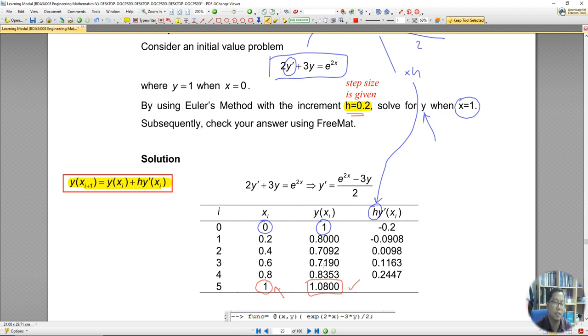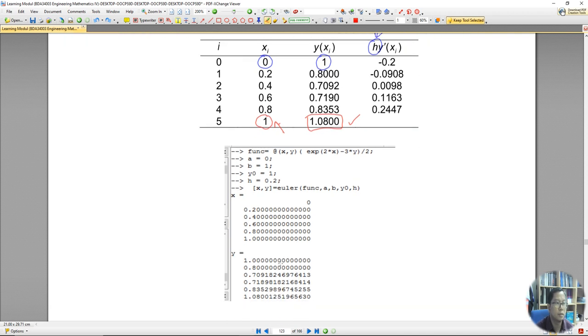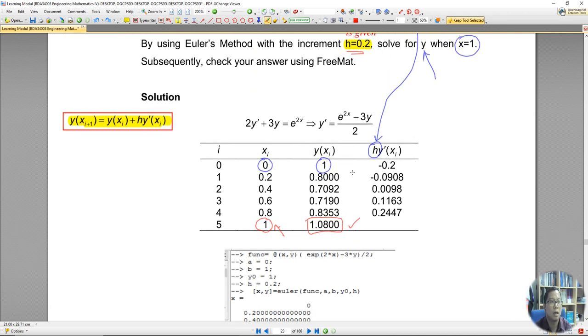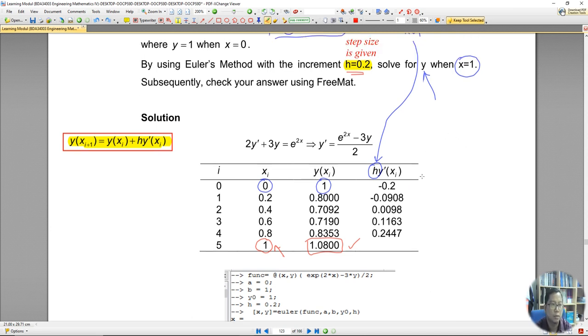So this is the answer, but basically during iteration we don't know it first. So how are we going to get this? This number is by calculator. First we press the calculator and identify the value of h y prime.